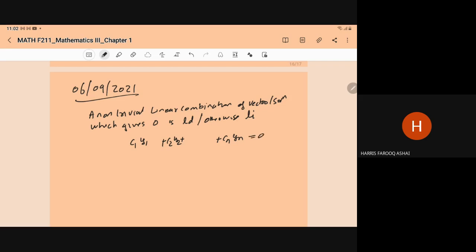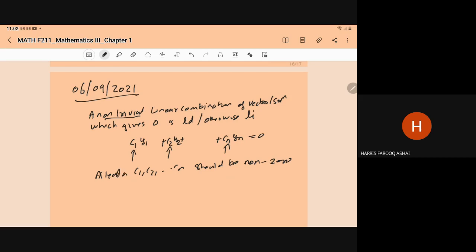So I'm saying that non-trivial means these c1, c2, cn should be non-zero. Even if one is non-zero, then it is linearly dependent. Means not all should be equal to zero.